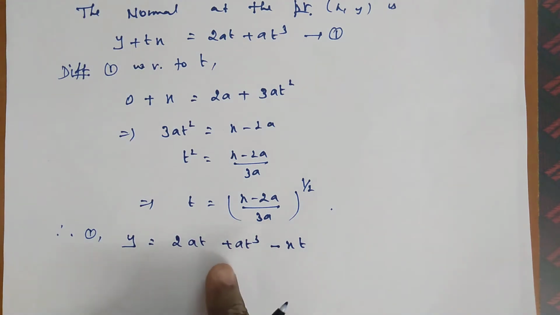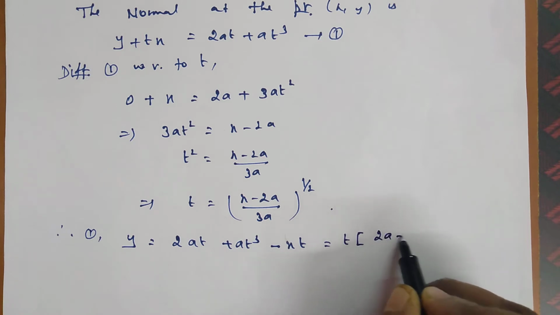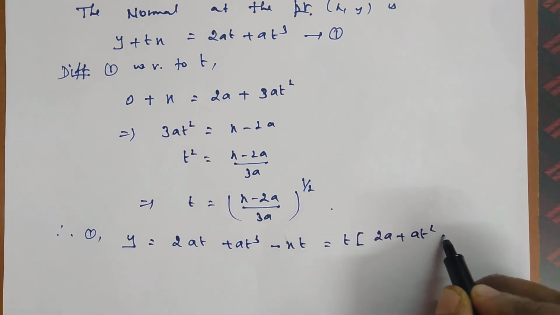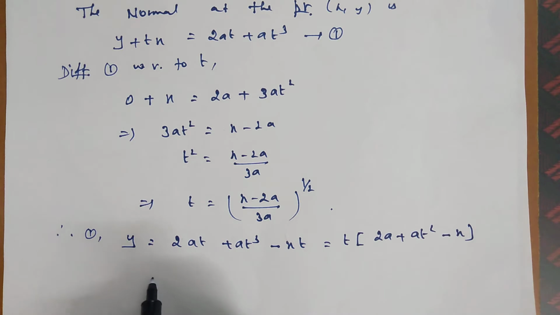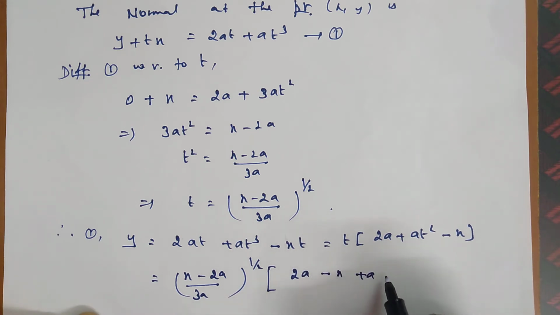Before substituting, take t outside commonly, so this can be written as t into 2a plus at square minus x. Now substitute the value of t: t is equal to x minus 2a by 3a whole power 1 by 2, into 2a minus x plus at square.